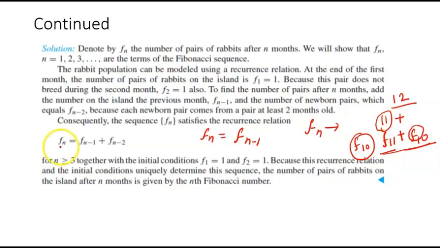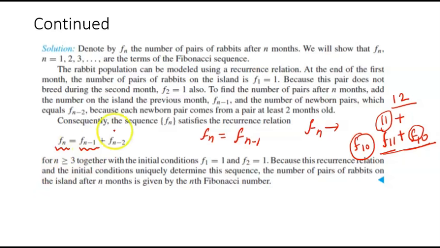So this is what we have written here. The total number of pairs of rabbits at the end of n months will be equal to the number of pairs which were there at the end of the n minus 1th month and the total number of pairs produced during the nth month. How many pairs will be produced during n months? It will be equal to the total number of pairs which were available at the end of the n minus 2th month.